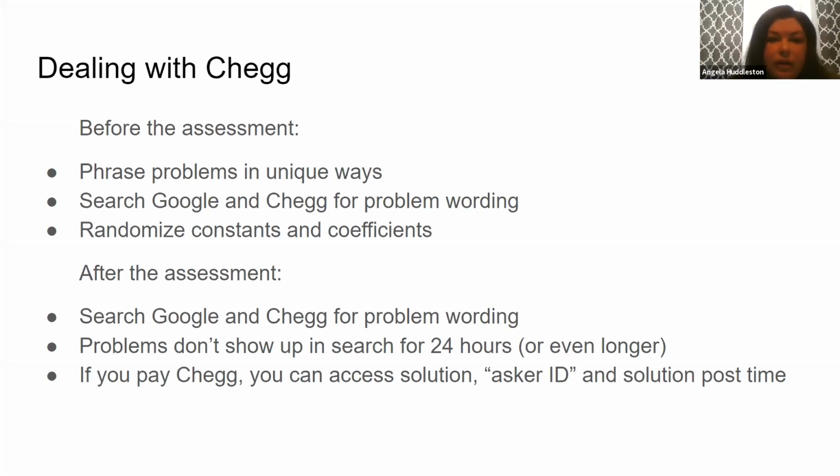Outside of dealing with the actual cheating tools, with writing your questions, again, phrase problems in unique ways, even if you have certain courses where it's a little difficult and you don't want to make the problem too hard for the student.